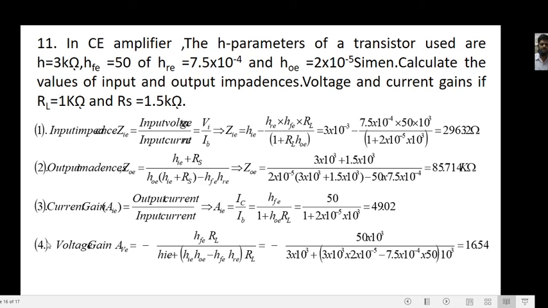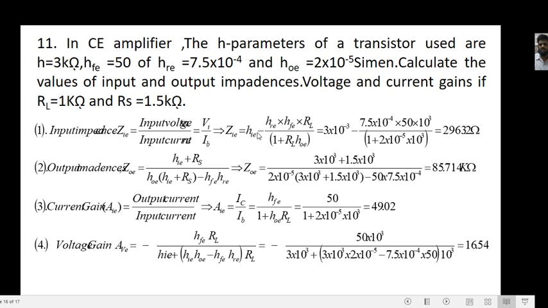Input impedance ZIE is the ratio of the input voltage to the input current, VI divided by IB. We know the formula from the hybrid CE amplifier h parameters.